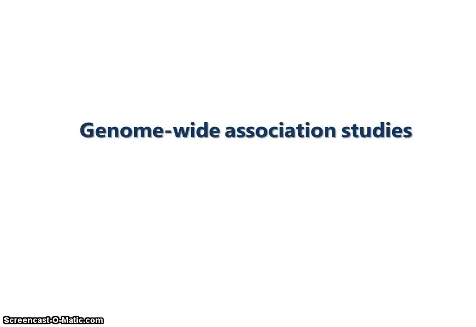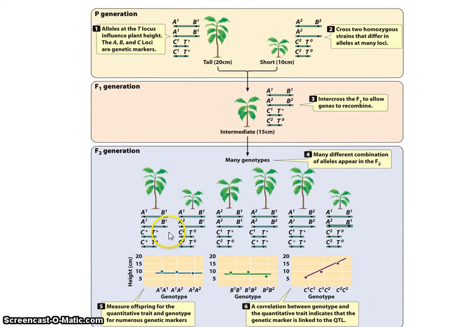All right, so there's another approach to finding QTL, and that's a genome-wide association study. The way this works is you do the same thing with this F2 situation, but you fully sequence the genome for all of these individuals.